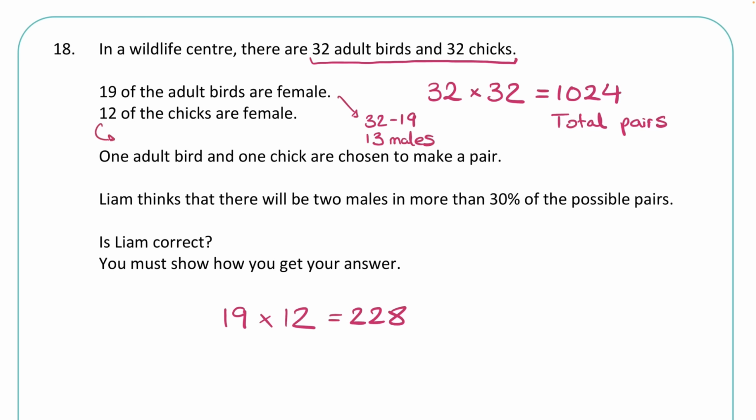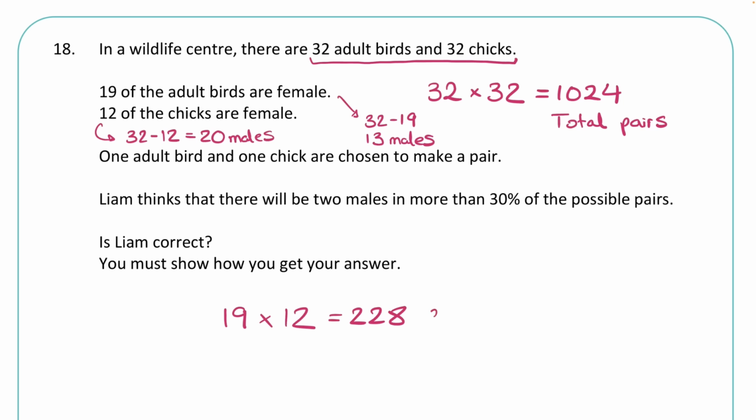And for the chicks, 32 take away 12 gives us 20 males. Now, if we multiply these two together, that would straight away tell us the amount of pairs that have two males in. So we wouldn't have to start working out all of them. With the 19 times 12 we just worked out, we'd need to do quite a lot of these different multiplications to get to our final answer.